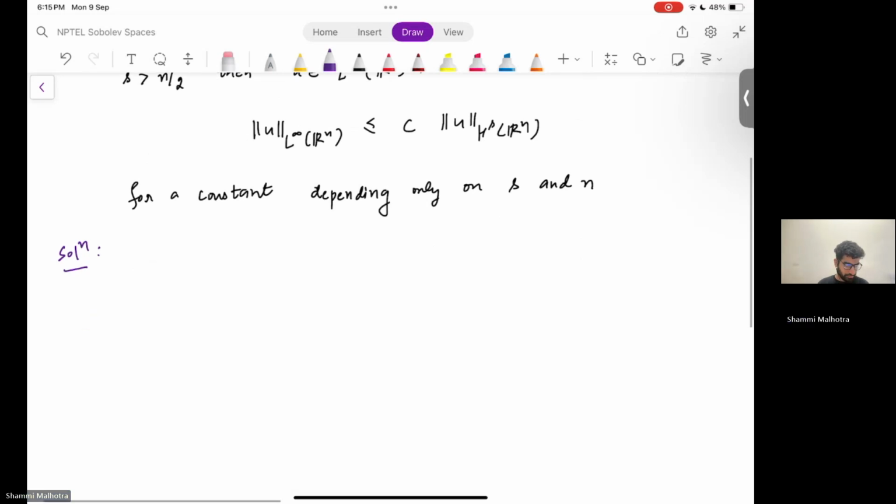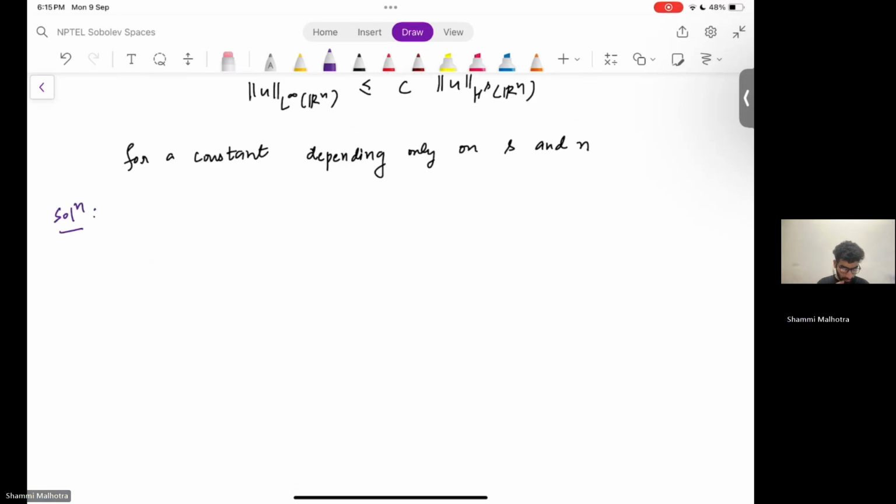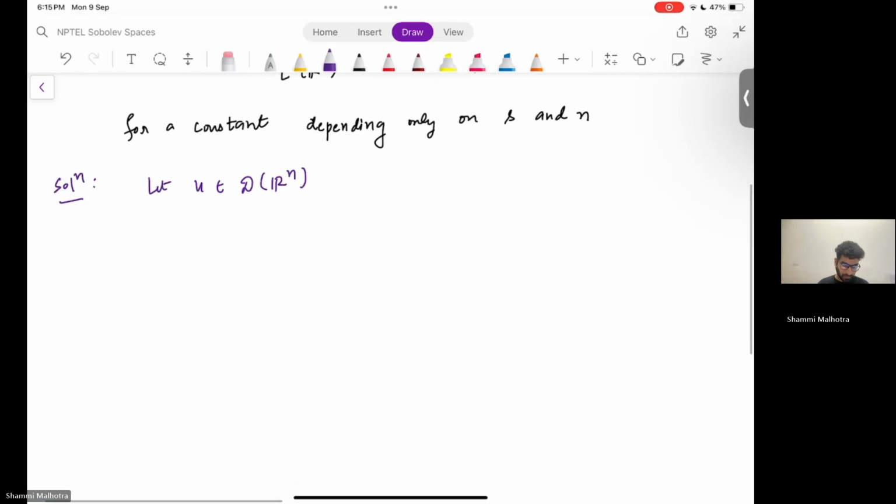To prove this, first of all, we prove it for C infinity functions. So let u belong to D of Rn, which is a subset of the Schwartz functions.